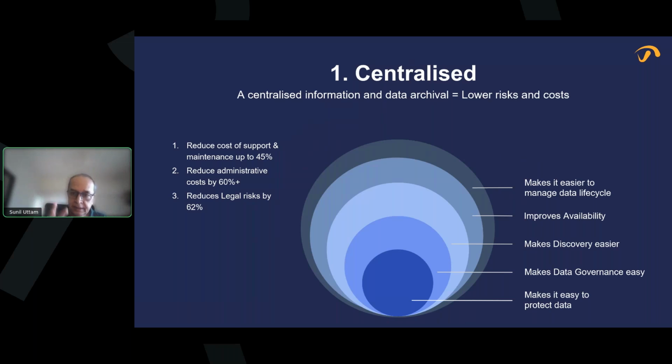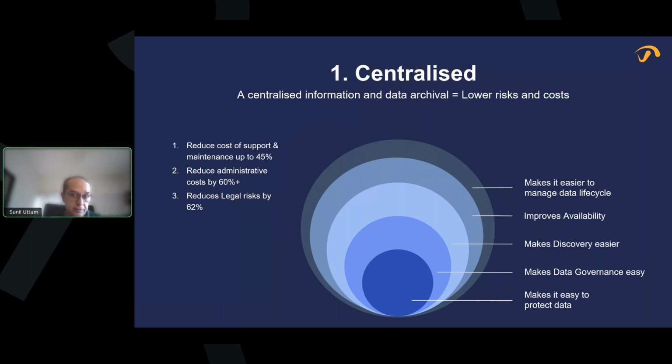By centralizing, you make it easy to access, discover, govern, etc. And the cost reduces big time. Support maintenance by 45%, administrative by 60%, legal risk by 62%. How does that happen? We discussed that, right? But in a quick recap, it is the time spent on managing different backups, different archives versus managing one.